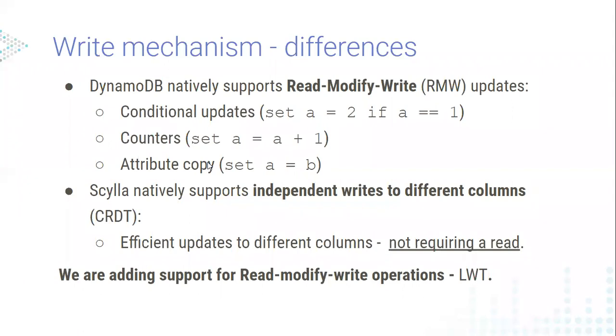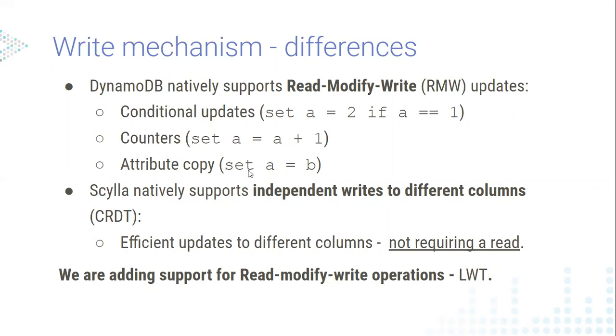DynamoDB has this feature natively, while Scylla actually focuses on writes that don't require a read, because that's one of the big advantages of Scylla: when you do writes they are very efficient. You can see in the pricing of DynamoDB that writes are much more expensive than reads, but in Scylla, the writes are very efficient because they don't need a read.